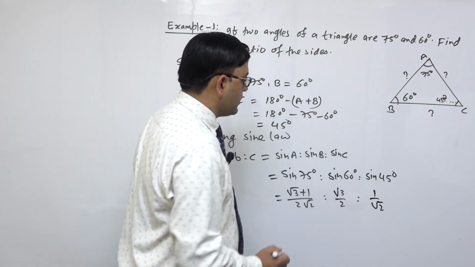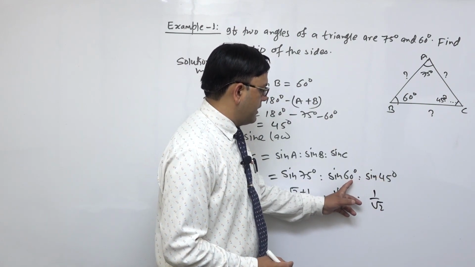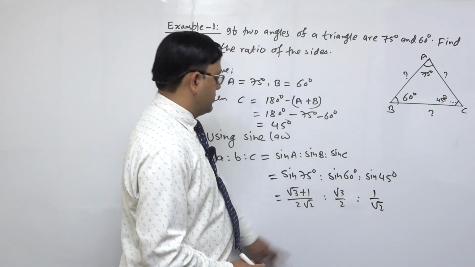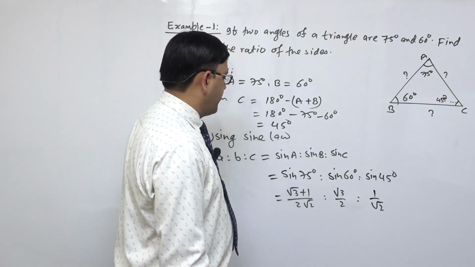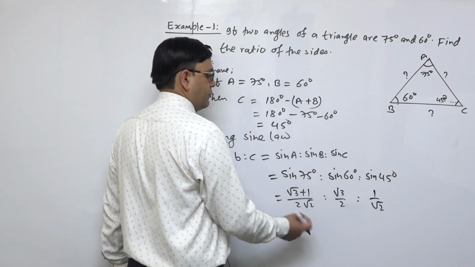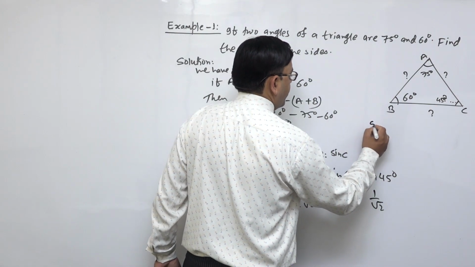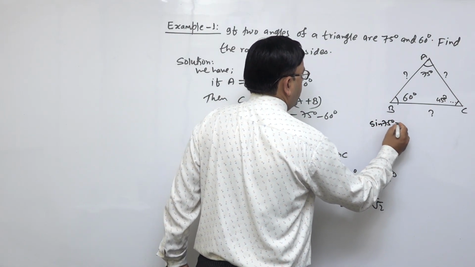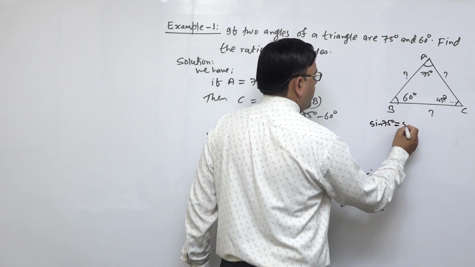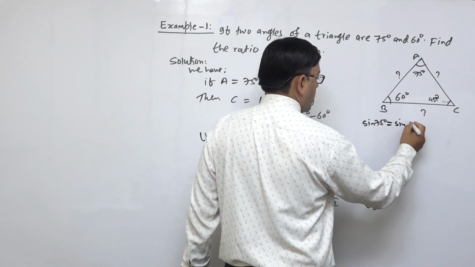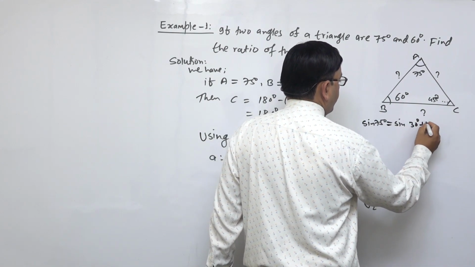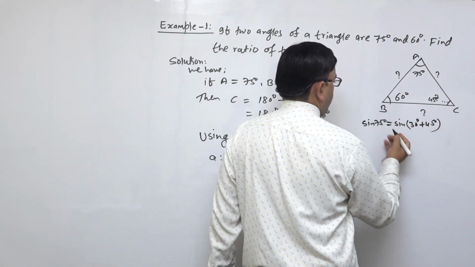Students, this is the standard angle, you know the formula, and this is also a standard angle, but this is not. Then you may be confused how we can write the value of sine 75 is this. So for this one you can try here. Suppose sine 75 degree is equal to, you can write it as sine of 30 degree plus 45 degree, which is 75 degrees.